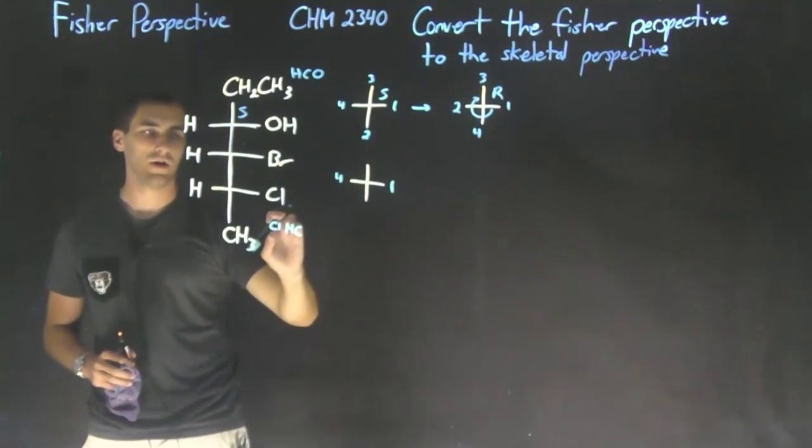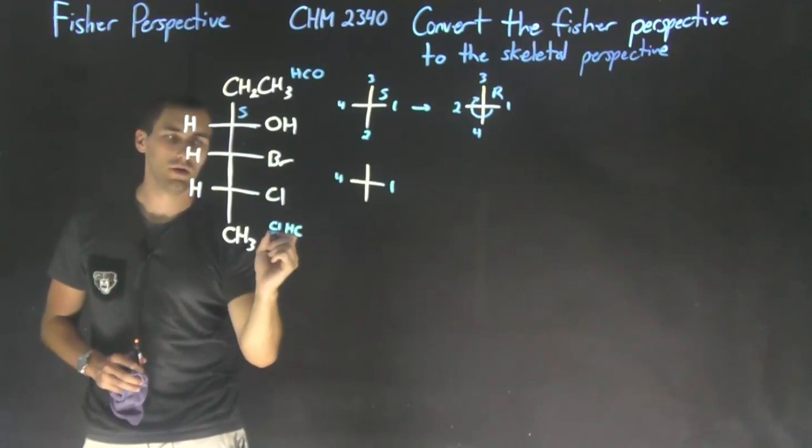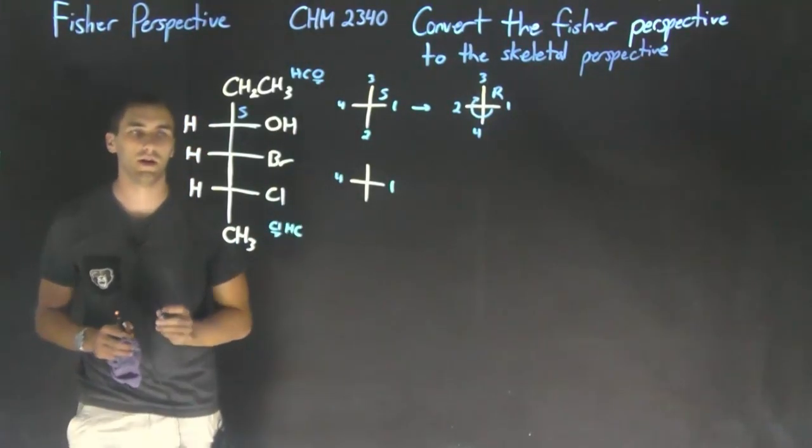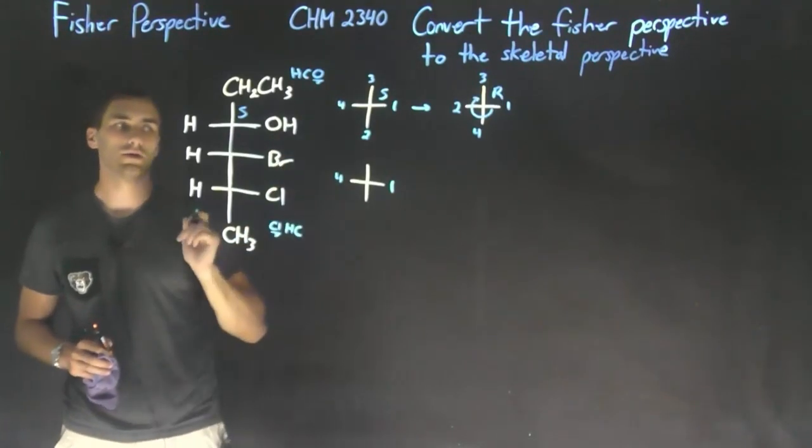Now we would give the higher priority to this one because this chlorine has the higher atomic mass, a higher priority than the oxygen.